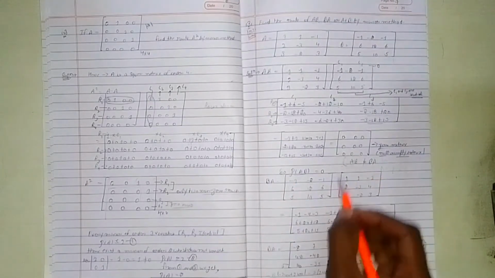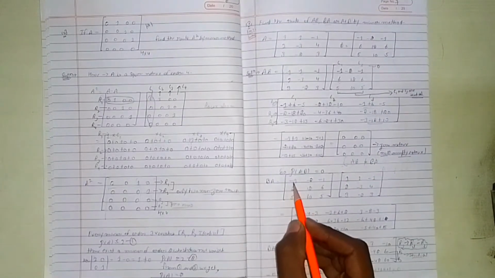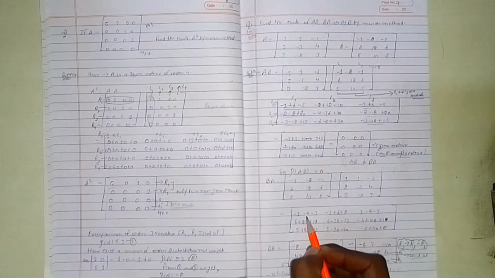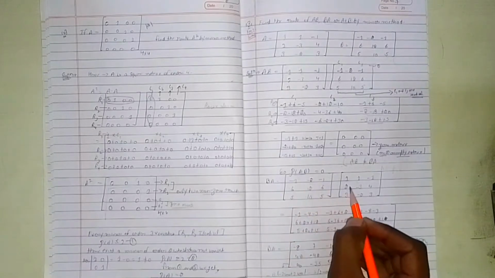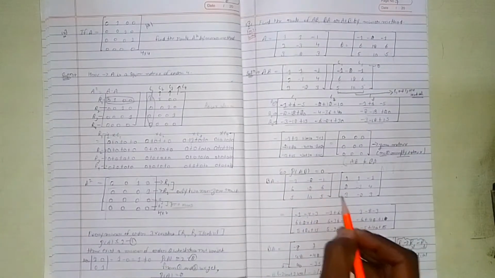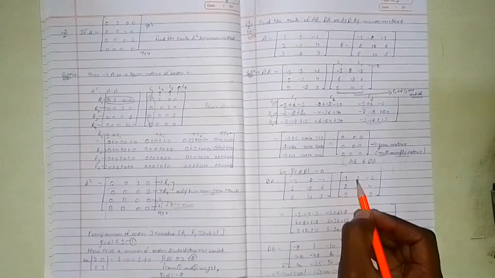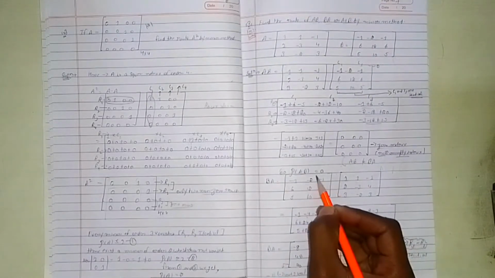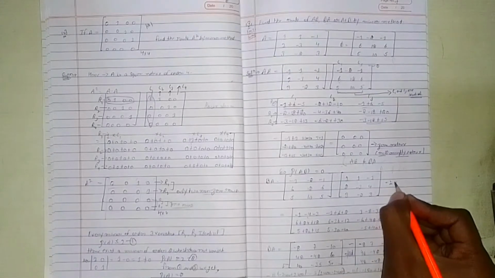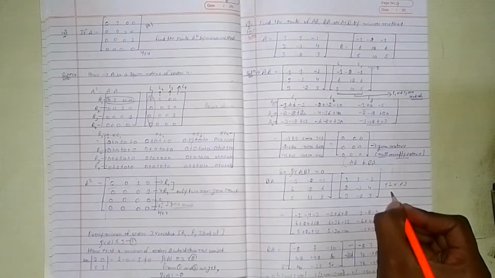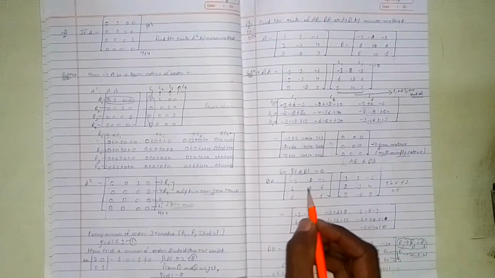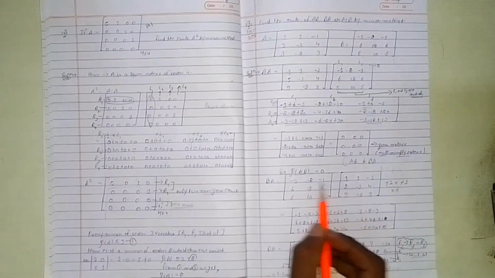It's B, it's A. When I am solving this, minus 1 into 1, that is minus 1, minus 2 into 2, that is minus 4, minus 1 into 3, that is minus 3, minus 1 into 1, that is minus 1, minus 2 into minus 3, that is plus 6, because minus minus cancels.